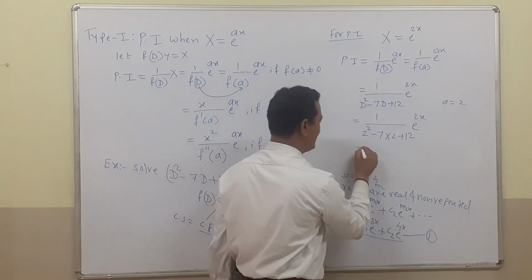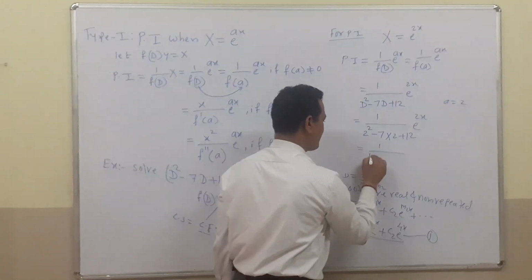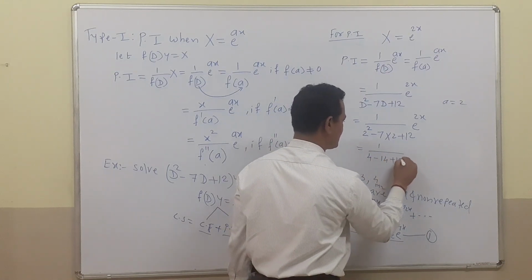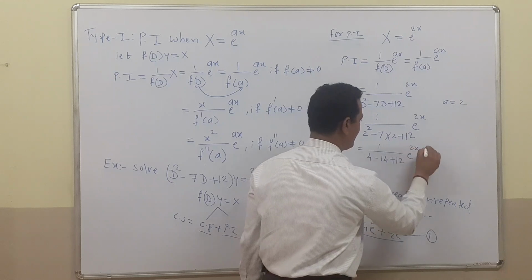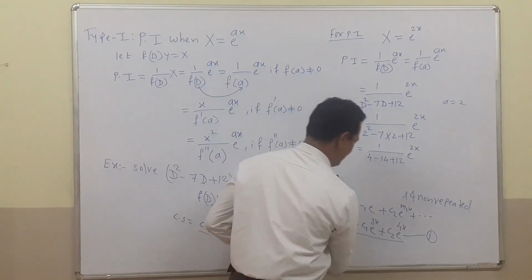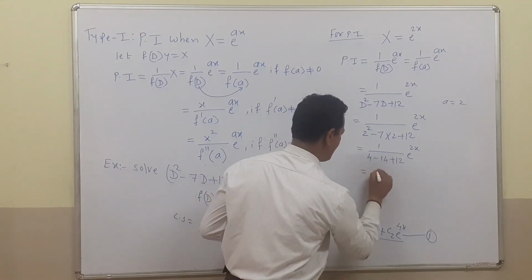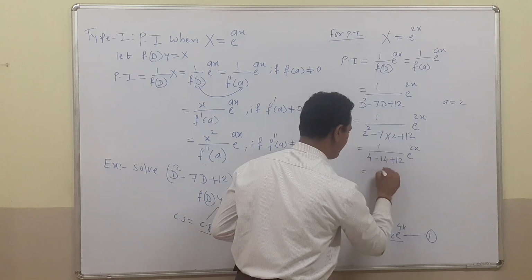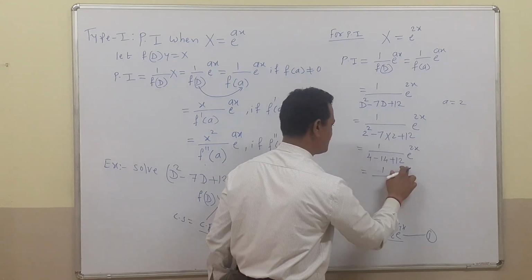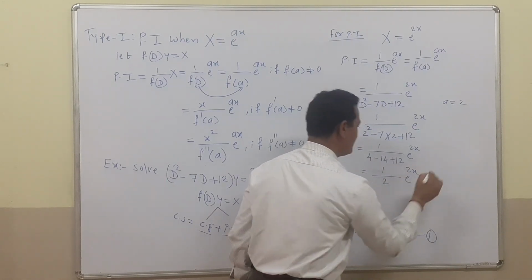If we simplify this, we get 1 upon 4 minus 14 plus 12, into e raised to 2x as it is. Simplifying once again, 4 minus 14 plus 12 is 2, so this is 1 upon 2 e raised to 2x.